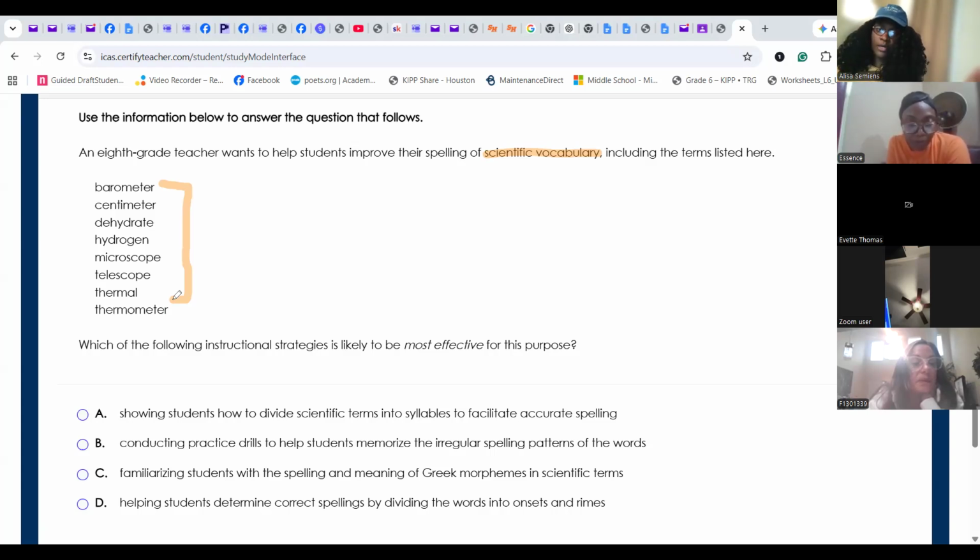Clearly, these are full words. There's no division here. Keep that in mind as you answer the question. So if there is no division, we would automatically X out A and we would automatically X out D because nothing has been divided.